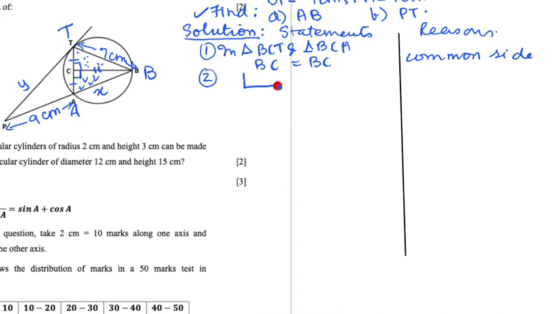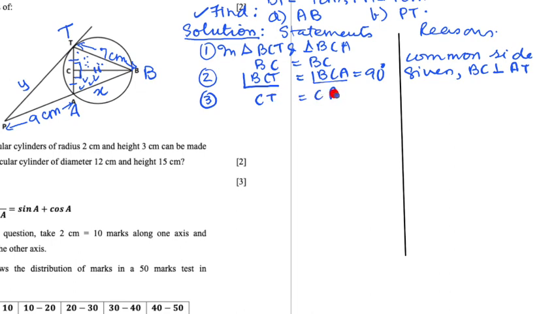Statement number 2, angle BCT is equal to angle BCA equal to 90 degrees, because it is given that BC is perpendicular to AT. And the third one is, we already know that it's bisecting, so CT is equal to CA, and this is again given since BC bisects TA.